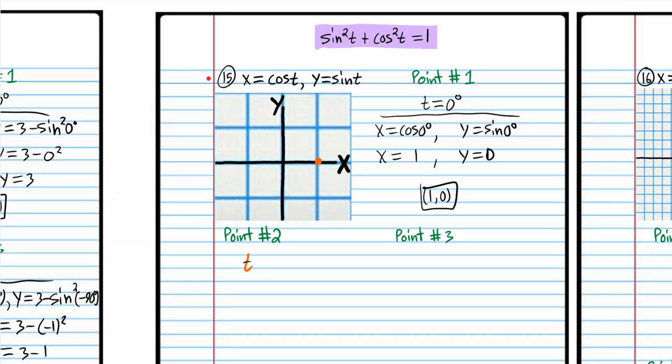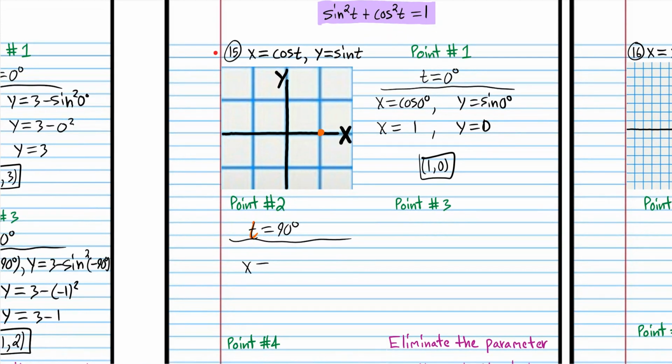And now we're going to plug in, say, 90 degrees. And we see that x is equal to cosine 90 degrees, y is equal to sine 90 degrees. So x is equal to 0 and y is equal to 1. So the point is 0, 1. So we have another point there.